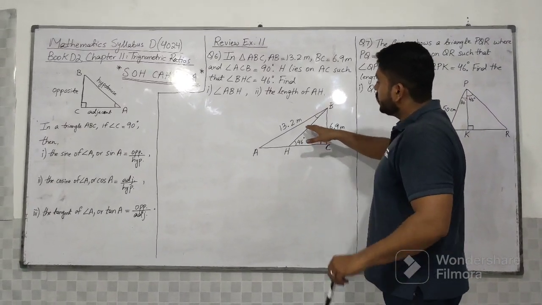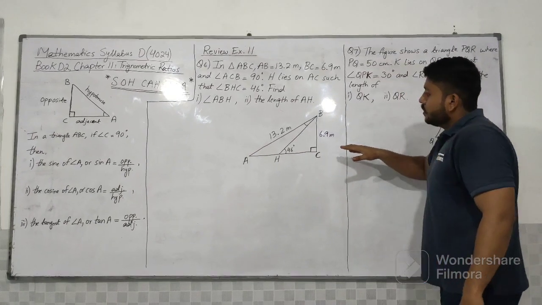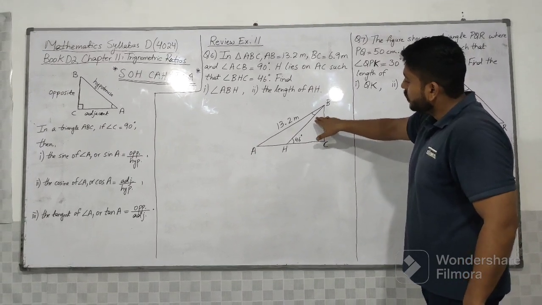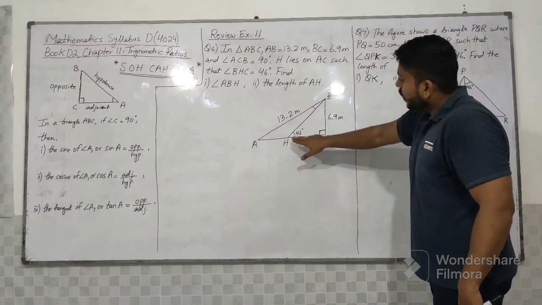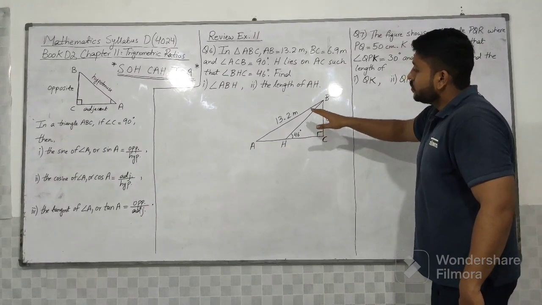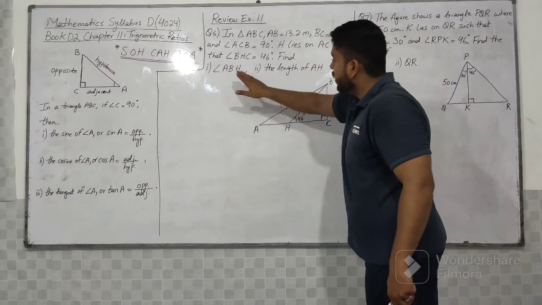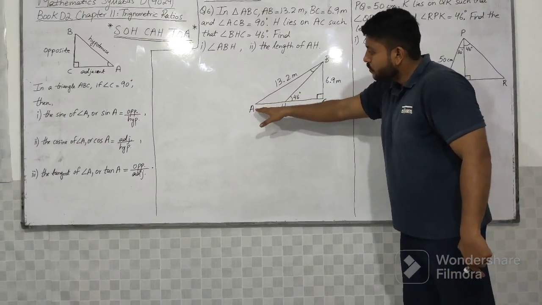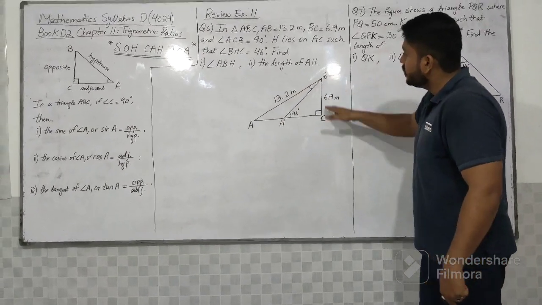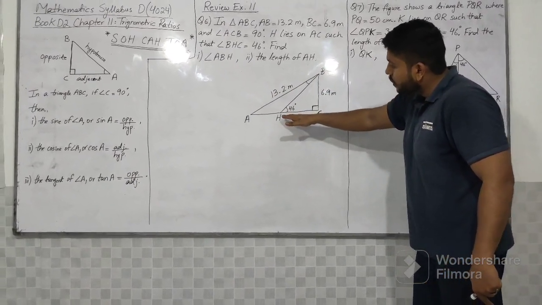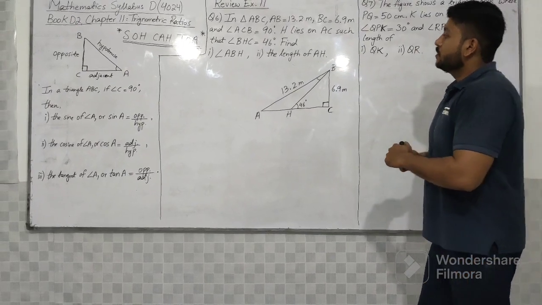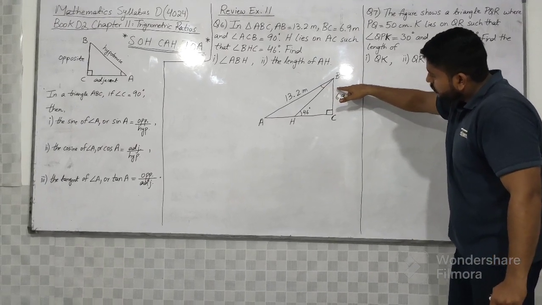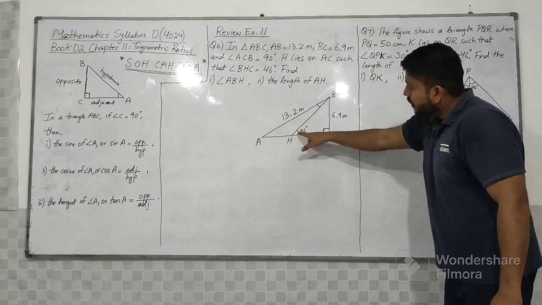So what is the first step to find this angle? What is the thing you can find first? It is this angle HBC, correct? So what will be the criteria to find angle ABH? It will be the total angle, angle ABC, minus this angle, angle HBC.